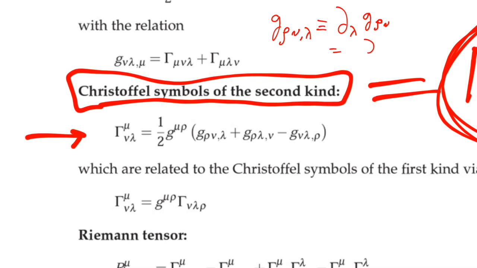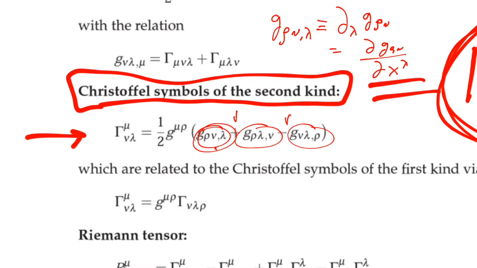So that's all that means. But notice you can take g_{rho nu} with respect to lambda, g_{rho lambda} with respect to nu, g_{nu lambda} with respect to rho, add two, subtract one, then multiply by the inverse metric.